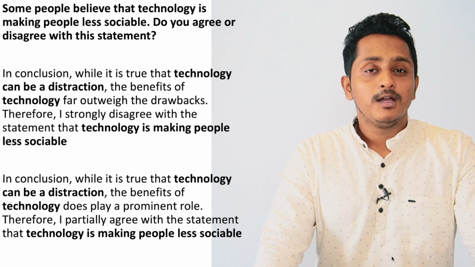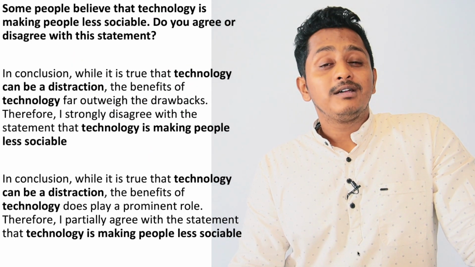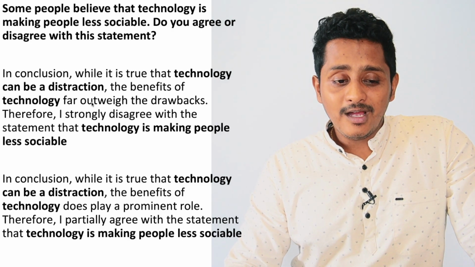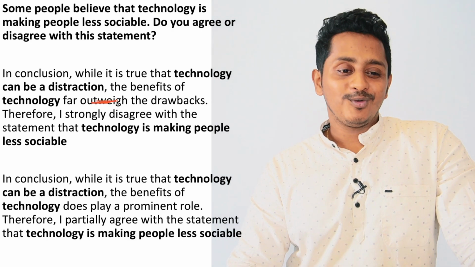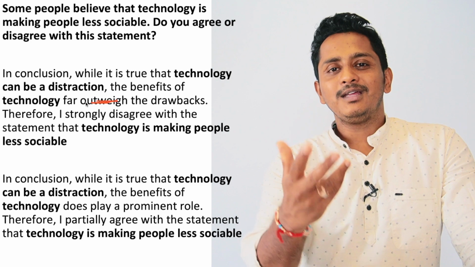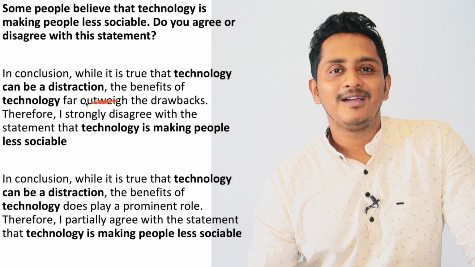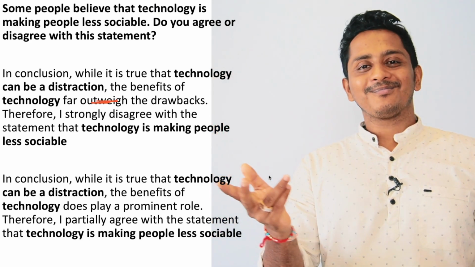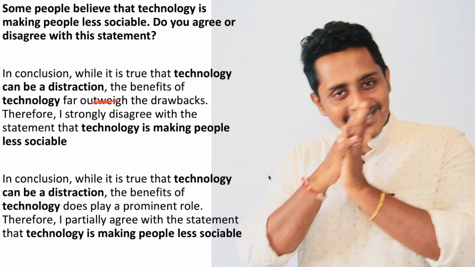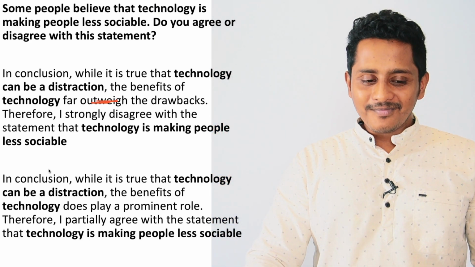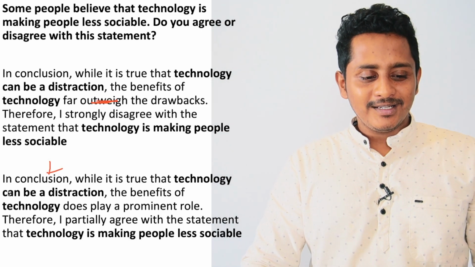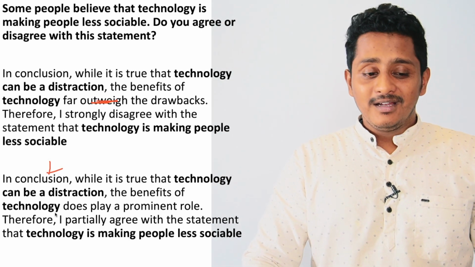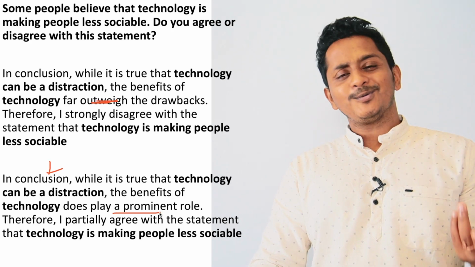This works. Let us say you are going for partial agreement, then you cannot say "outweigh." No. You have to say the benefits of technology will exist. That is it. Hope you are getting it. Partial means you agree and disagree both. In some cases you agree, in some cases you disagree. In conclusion, while it is true that technology can be a distraction, the benefits do play a prominent role.